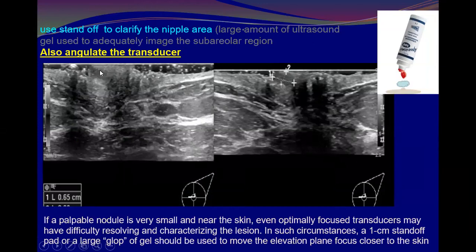Here, the amount of gel is not very clear and the transducer is abutting, so it is not much visualized. But by giving more gel and angulating, not only putting the gel but also angulating the transducer, we could clarify these lesions. The patient had a palpable nodule in her nipple.